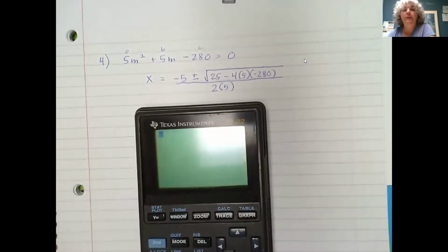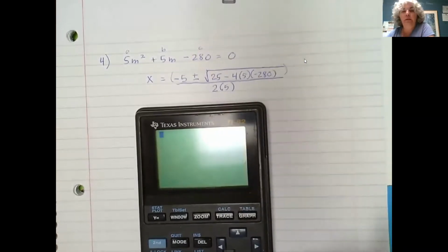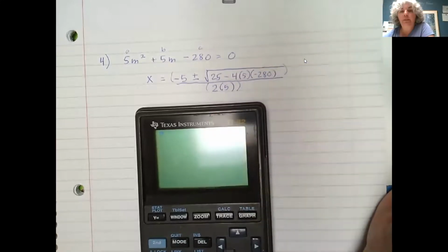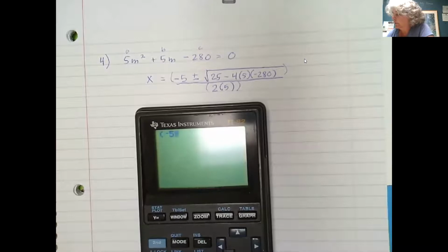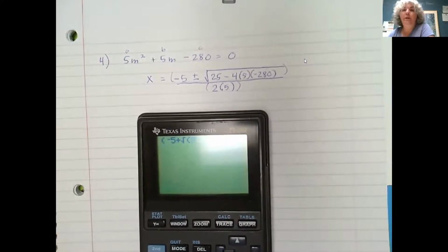I'm going to put parentheses around the numerator because this whole thing is going to get divided by that. And I can put parentheses around the denominator as well, just to be clear. So I'm going to say parentheses, negative 5 plus the square root. Now in my calculator, I have to put parentheses because I've got all those things inside the square root, and I want to make sure they all go together.